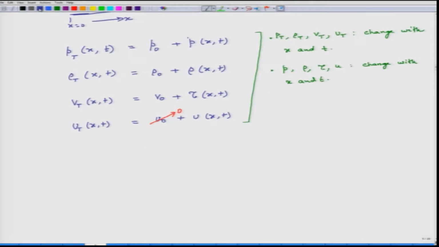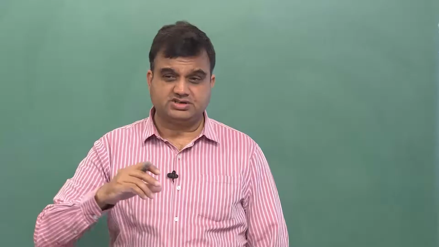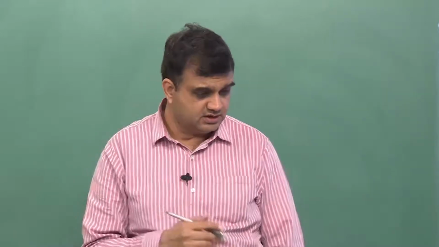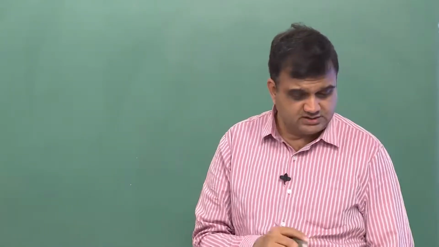Now, remember that the equation which we are developing is the 1D wave equation, which means that there is no velocity or pressure change in the y direction and z direction. Nothing is changing in the y direction and the z direction.